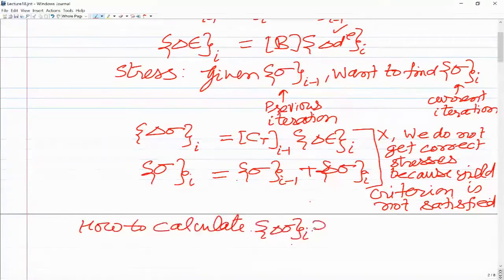That's the question. And I want to simplify some of the writing over here. I will not write the current iteration index in the subsequent equations.